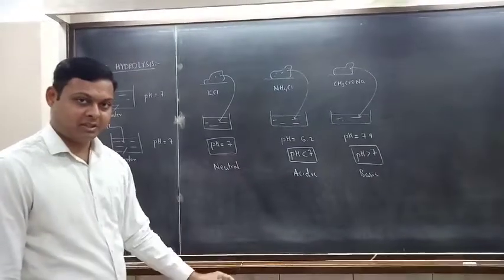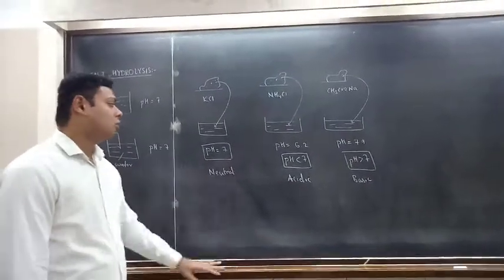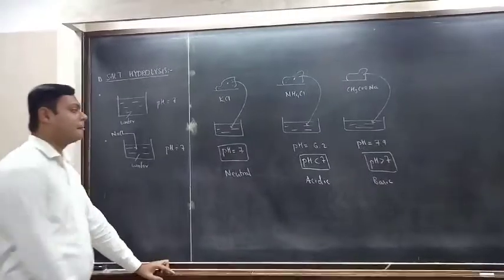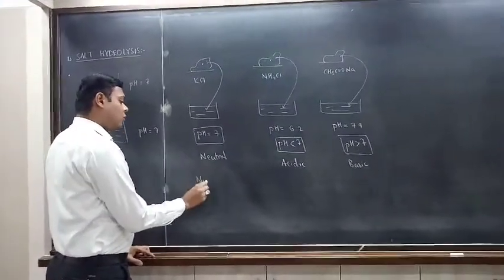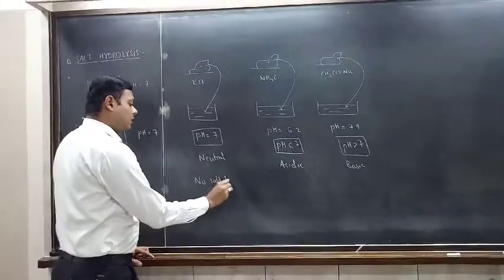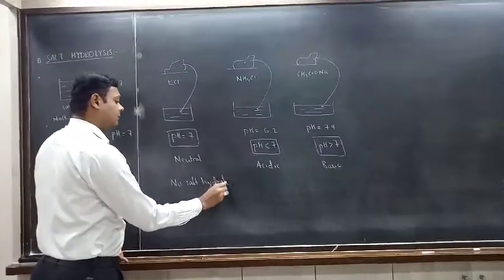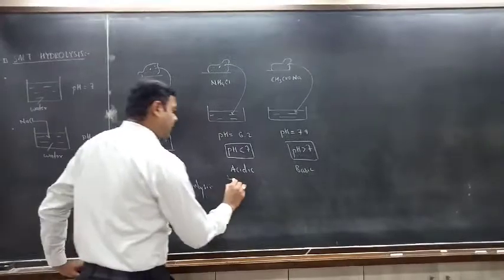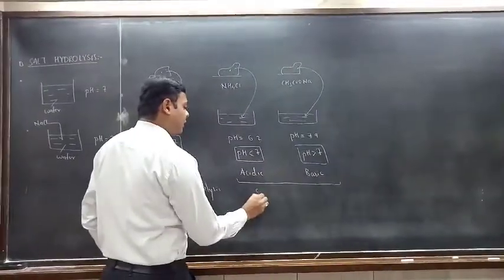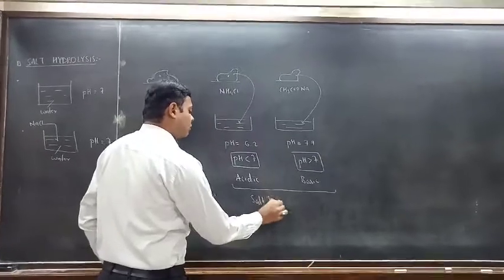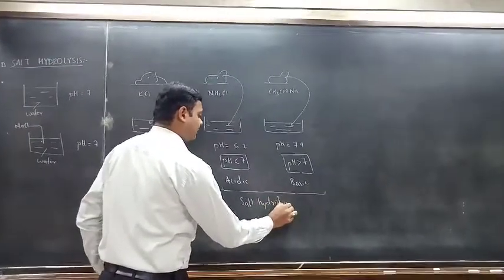And if the pH remains unchanged at 7, neutral, we say no salt hydrolysis has taken place. But when there is a change in the pH of the solution, these 2 cases refer to salt hydrolysis cases.